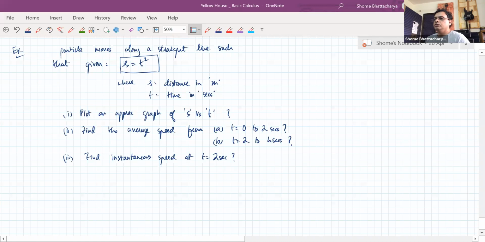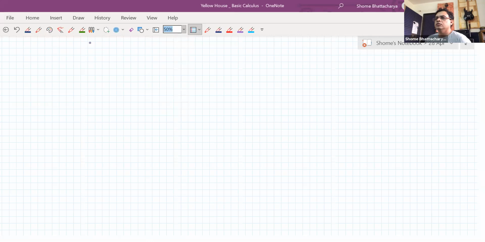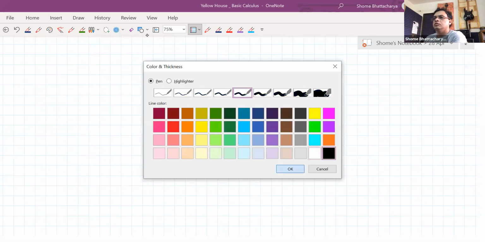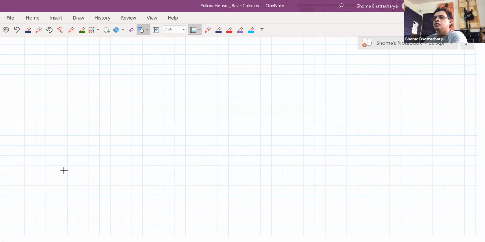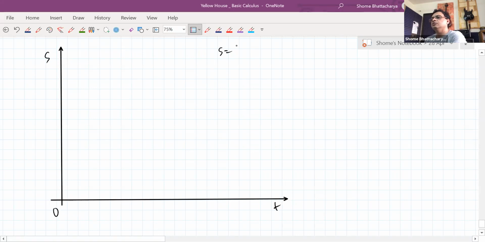Okay, so let's get a rough idea about the graph. This will be a bit like the free falling object. You can get a good idea about how distance is changing with time by just looking at some values. s is equal to t squared.